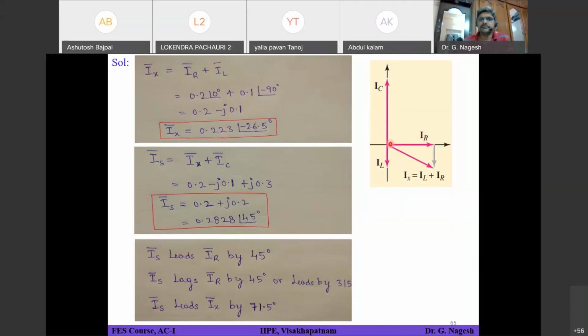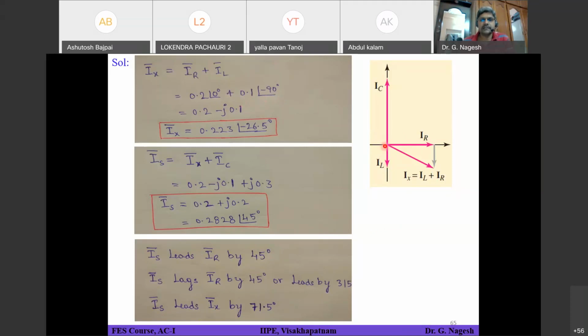VR. VR is 0.2 at an angle of 0 degrees. So that's why it is exactly on the x-axis, on the real axis. Okay. And we have seen the inductor current, which is 0.1 at an angle of minus 90. So that's why this is here. You are understanding, right?